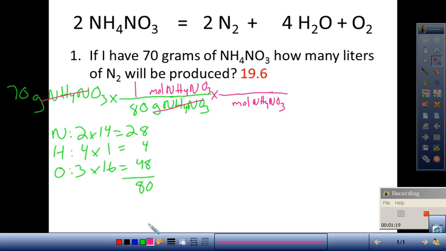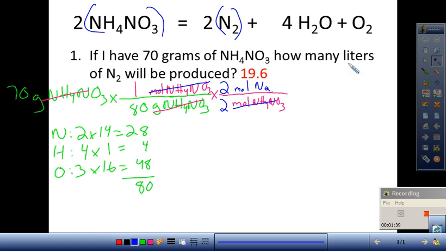So if I want to go from one chemical to another, I can do that. Moles of one thing to moles of another. 2 of those, I get that from there, for every 2 of those. Cross off my like units.